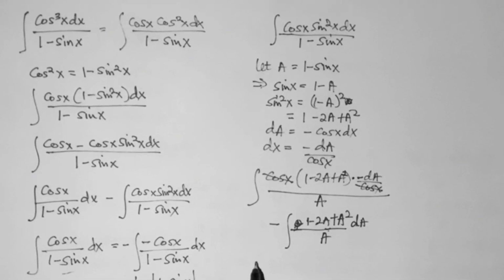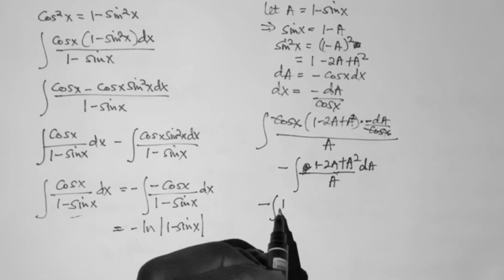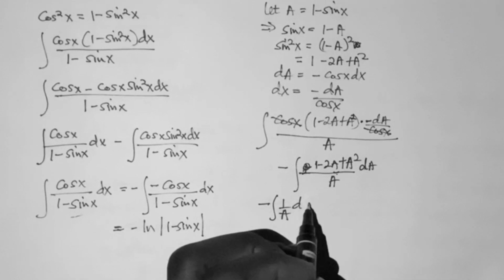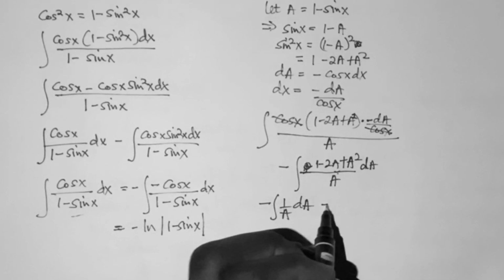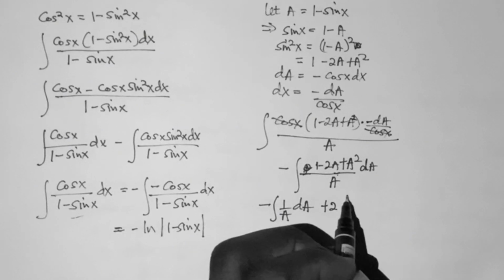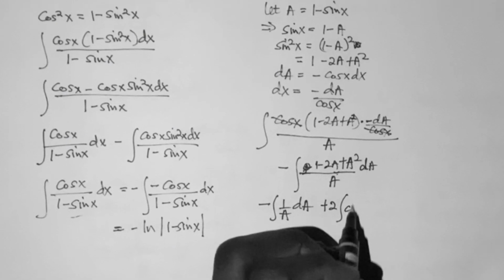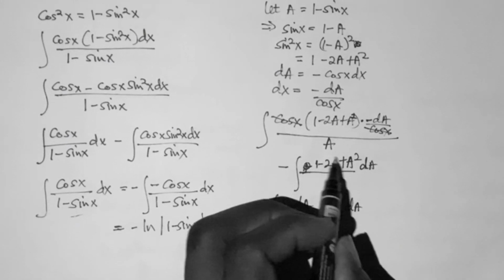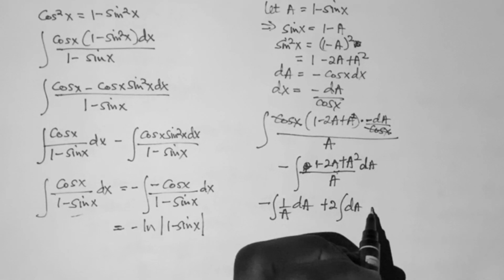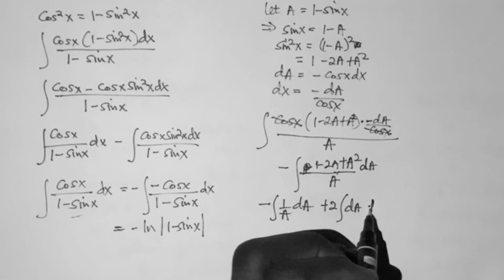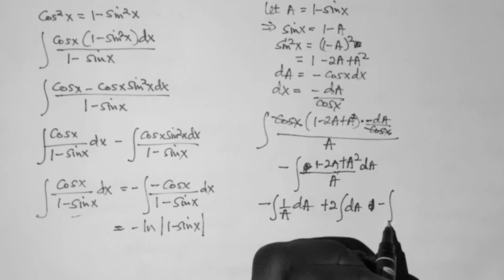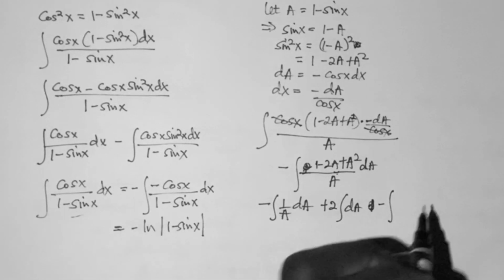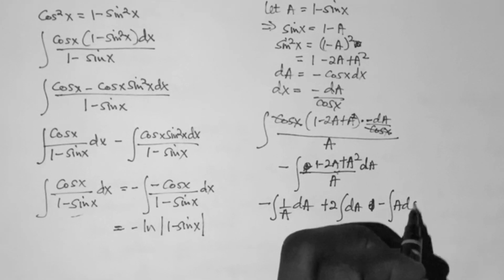So this will become minus the integral of 1 over a dA, then plus 2 times the integral of dA, because this a and this a will cancel out, then minus the integral of a dA, because there's a minus here.